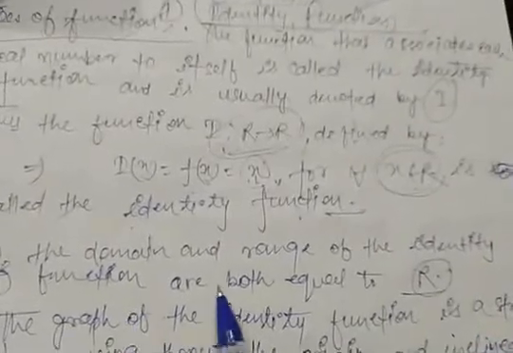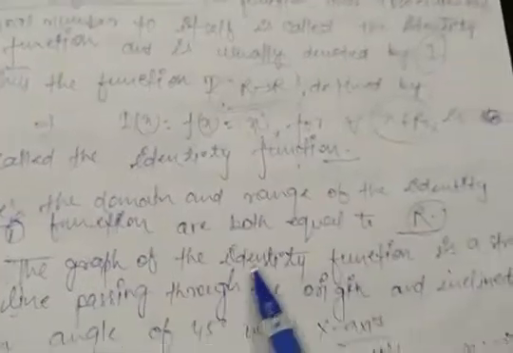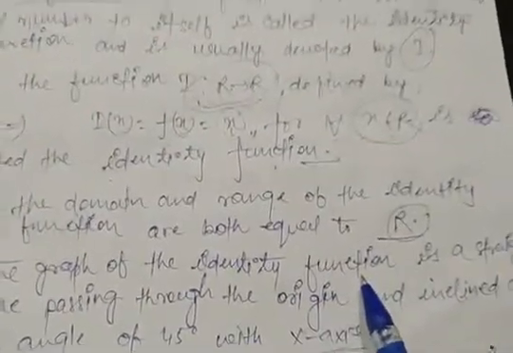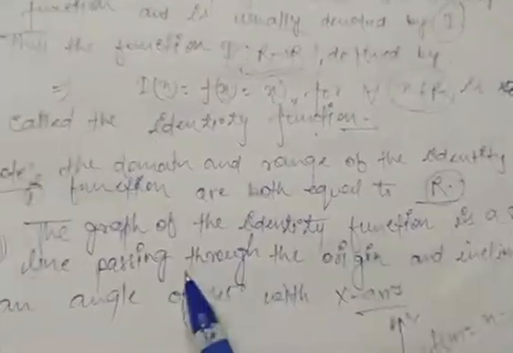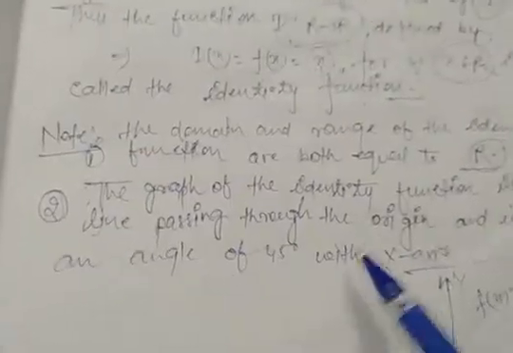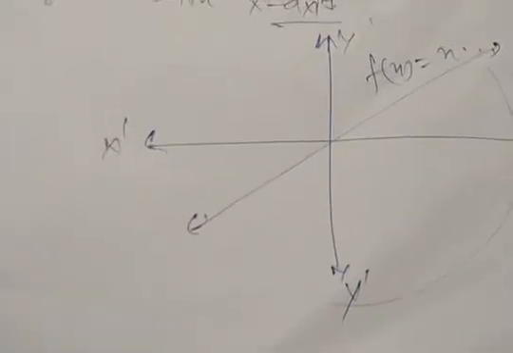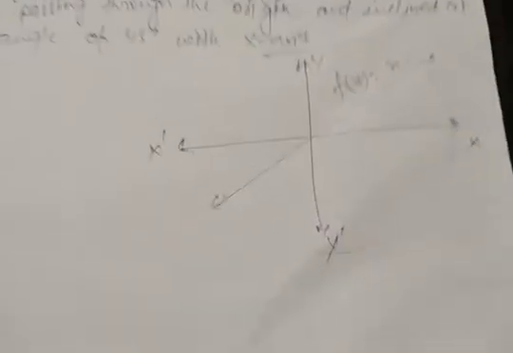Two important things: the domain and the range of the identity function are both equal to R, where R is the set of real numbers. The graph of the identity function is a straight line passing through the origin and inclined at an angle of 45 degrees with the x-axis.